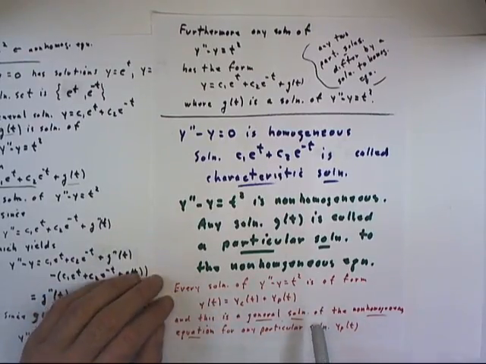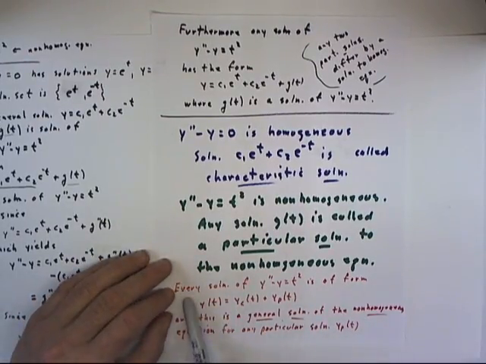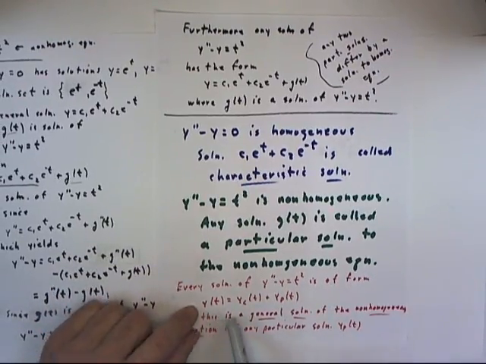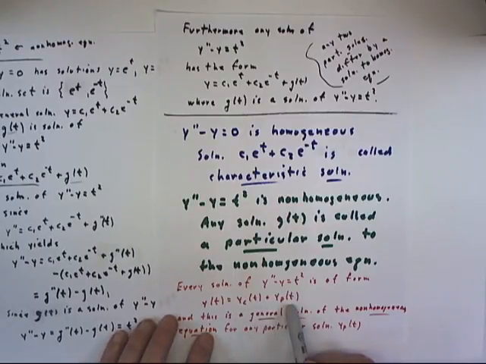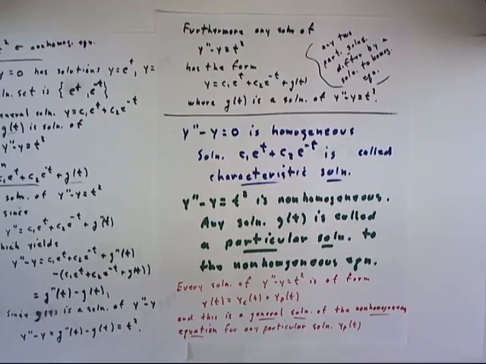And we can make the really important statement. Every solution of this equation is of the form y of t equals yc of t plus yp of t, where yc of t is the solution to the characteristic equation, and yp of t is a solution to the non-homogeneous equation, a particular solution to our original equation.